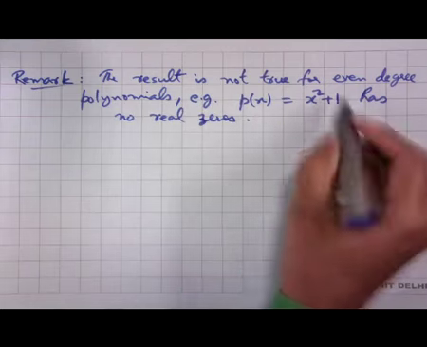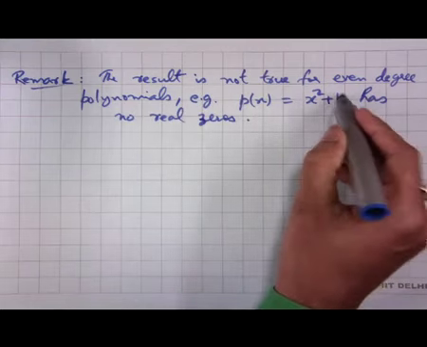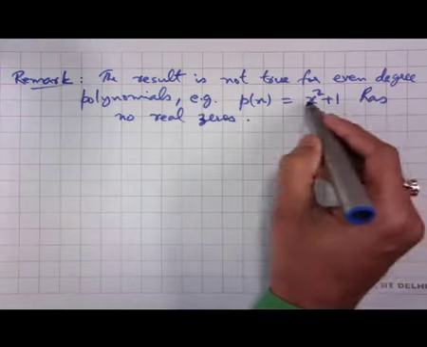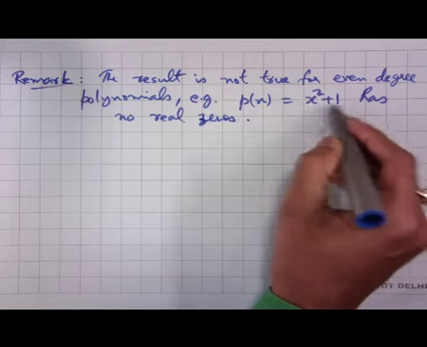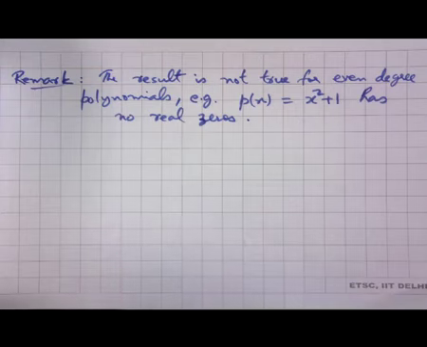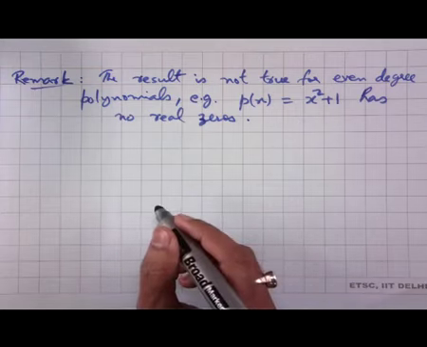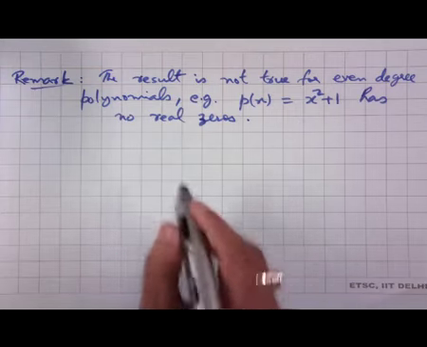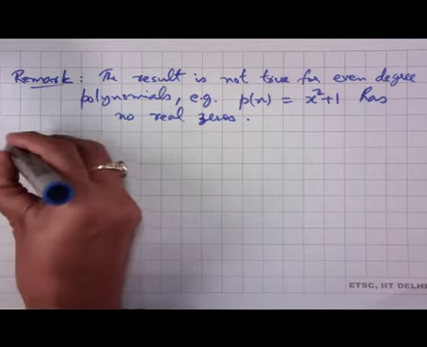We know that x square plus 1 is always greater than or equal to 1 for all real x. So, this cannot have a 0 in R, but for odd degree polynomial we claim that there is at least one 0.